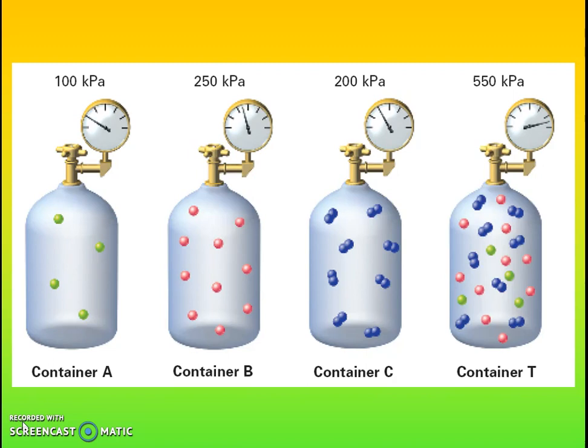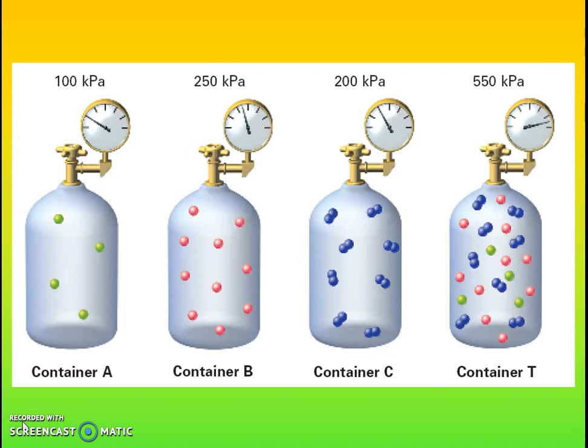And when I put them all together, I total them all up in container T, and I still have those 4 green atoms and those 10 red atoms and those 8 blue molecules. And when they come together, they have a total pressure of 550 kilopascals, or the 100 plus the 250 plus the 200, which we saw when they were separated into containers A, B, and C.